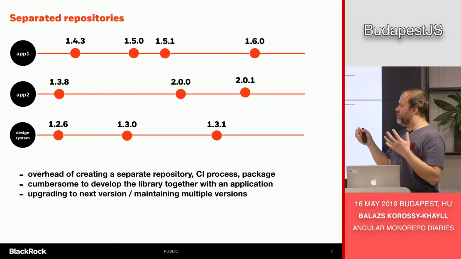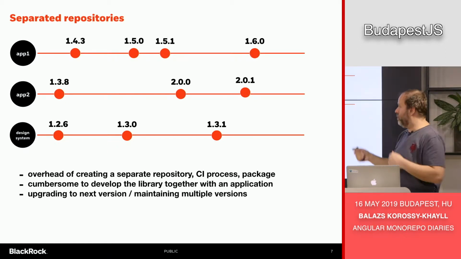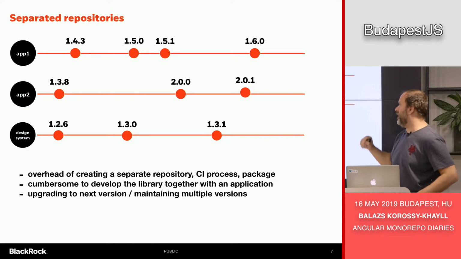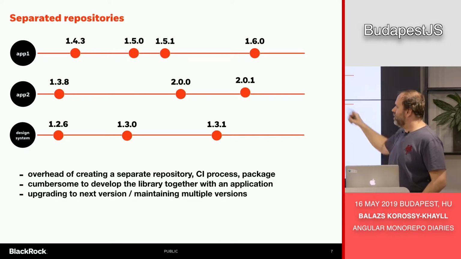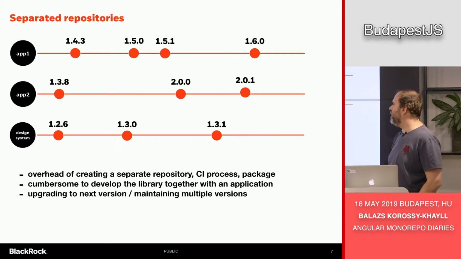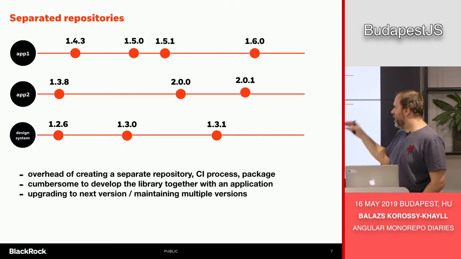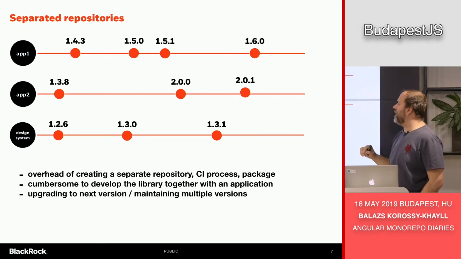And they probably have their own demo page for the components, but you don't see them in context in the application. So if the two teams overlap, they have to first publish to an internal npm and then use it in the application and see how it looks like. And I already talked about the problem of how you upgrade to the next version.